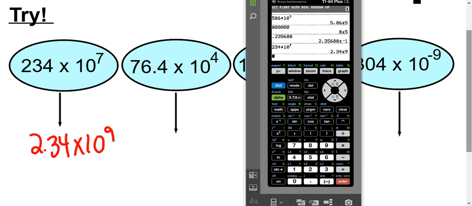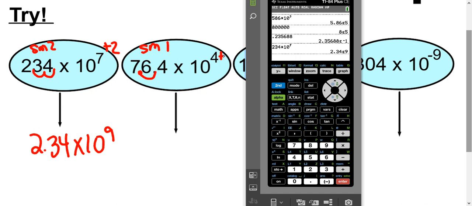And it makes sense. You move this decimal over 2, making it smaller by 2, so you have to make the exponent larger by 2. It's 2.34 times 10 to the ninth. So you know both ways to do it. On the calculator, you're moving this over 1, making it smaller by 1.